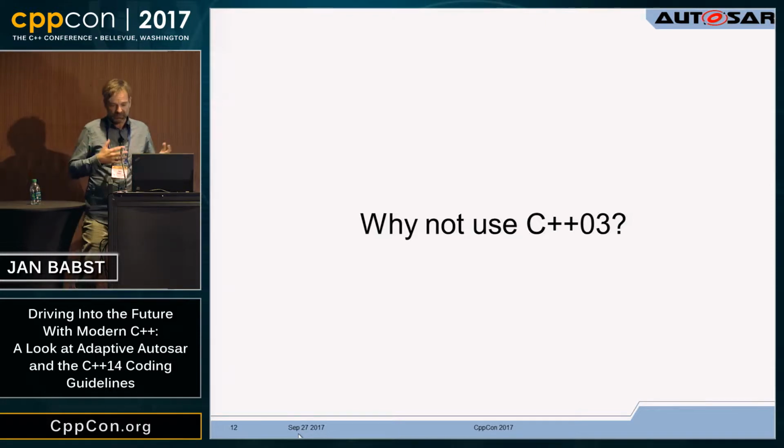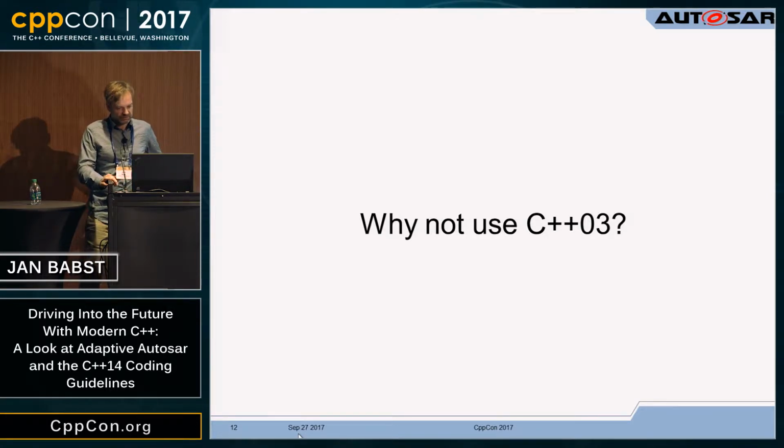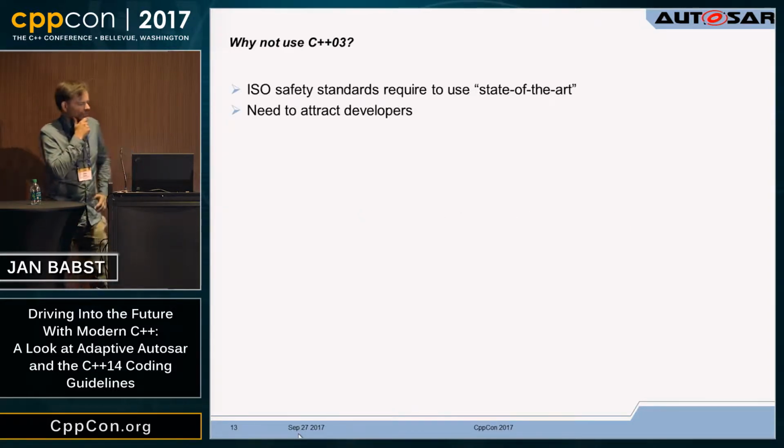So you have a lot of existing code there, and you have a lot of competence. But for new things, just like adaptive Autosar, it's clear that we choose more state-of-the-art.